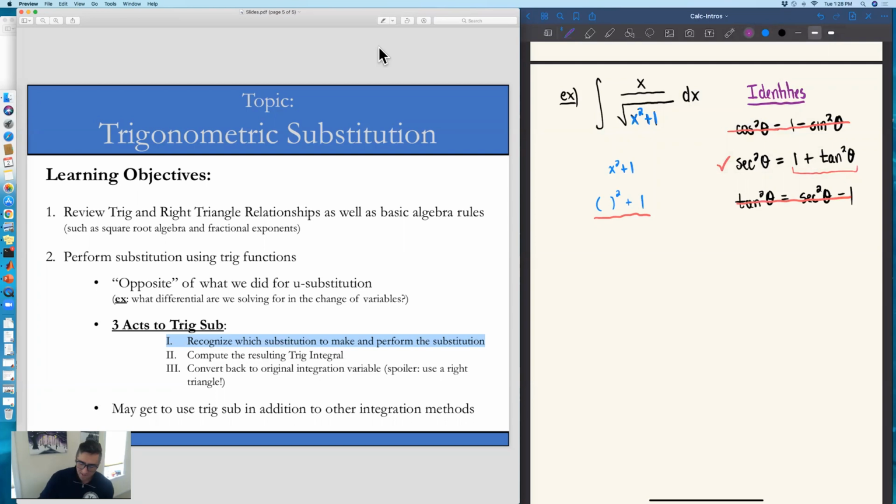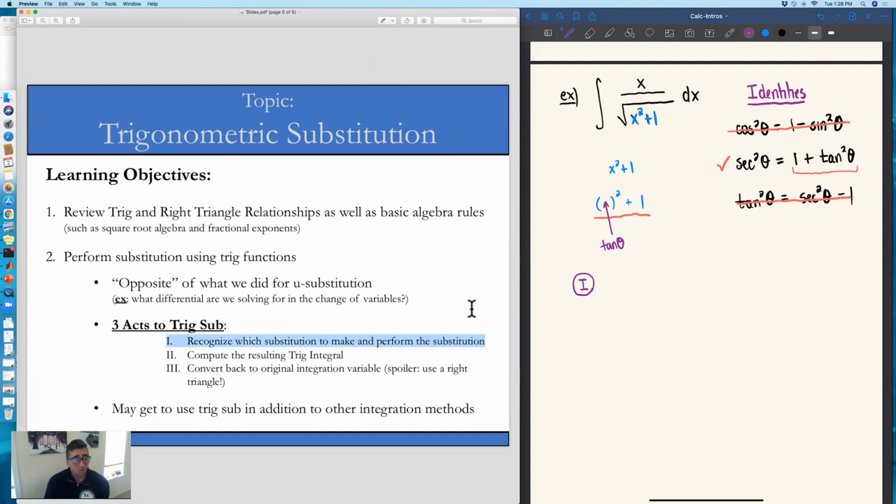So in this case, like we said in the previous video, what we ideally want is a tangent squared where we had that x squared term. So what that necessitates in the first part is recognizing which identity to use, which we just did. So this is again going with the 3 parts of trig sub.